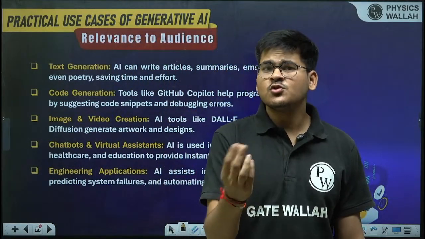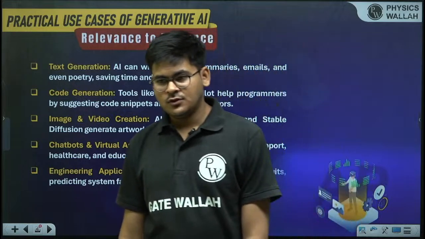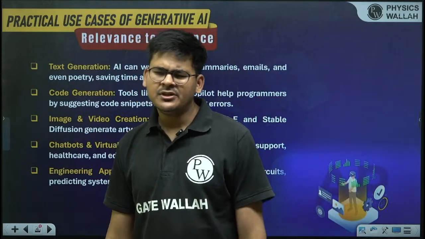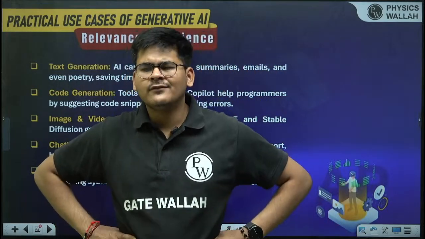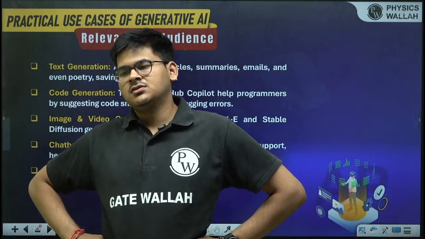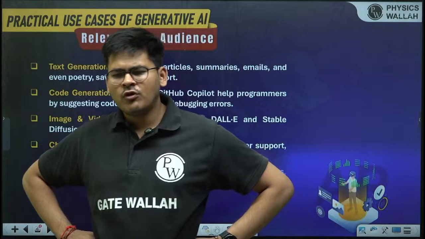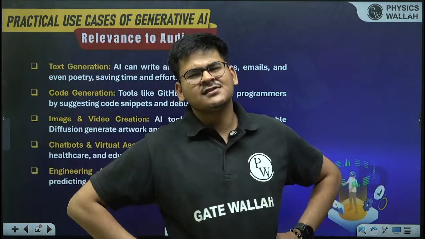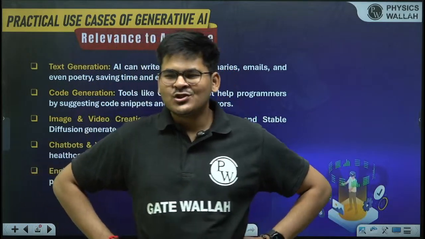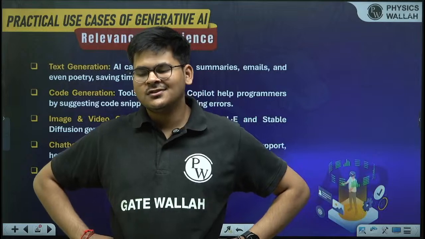It assists you in writing code. Can someone tell me which notebook you have used for writing Python code? Have you used any notebook for writing Python code? Come on, Python is a very, very mandatory language for AI related work.